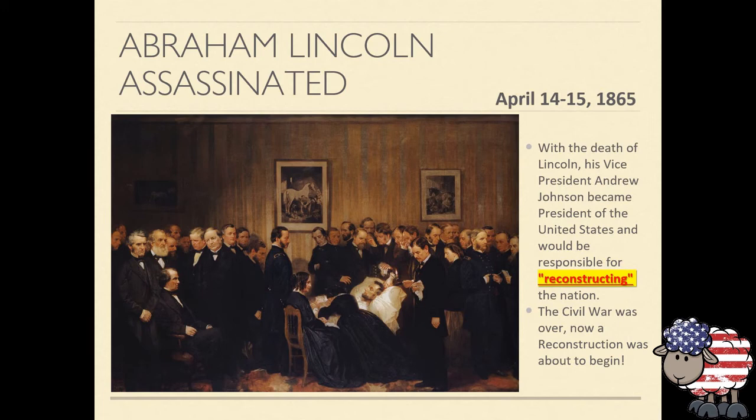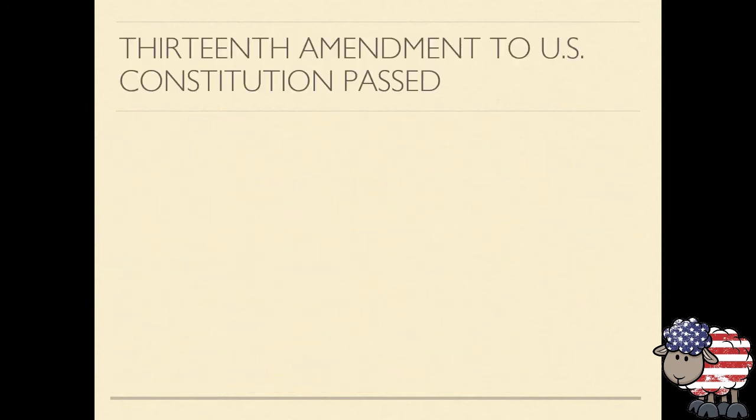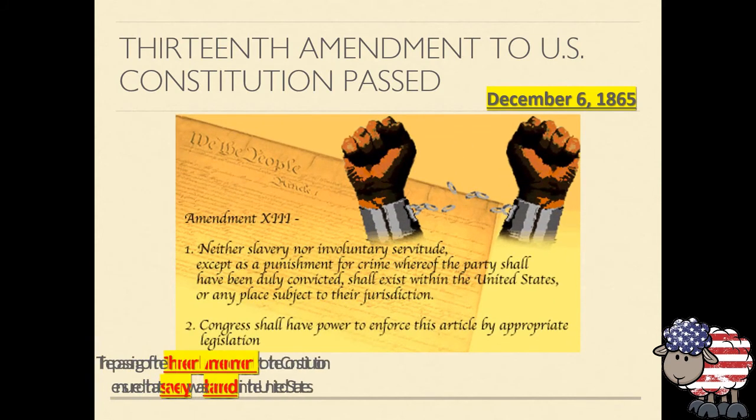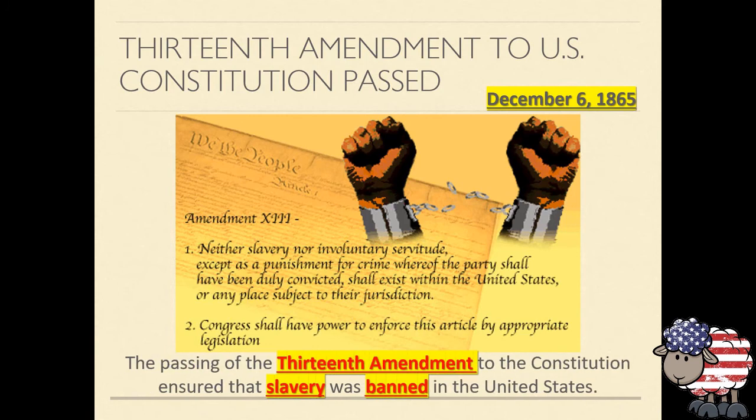And to wrap up the year of 1865, once the war is over, the 13th Amendment to the United States Constitution is passed, December 6th, ensuring that slavery was banned in the United States. Neither slavery nor involuntary servitude. So the 13th Amendment is very significant, ending slavery in the United States.